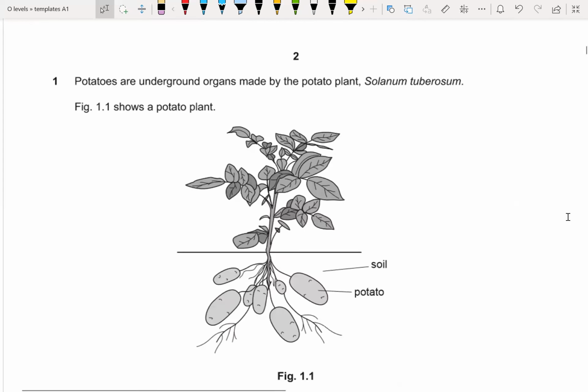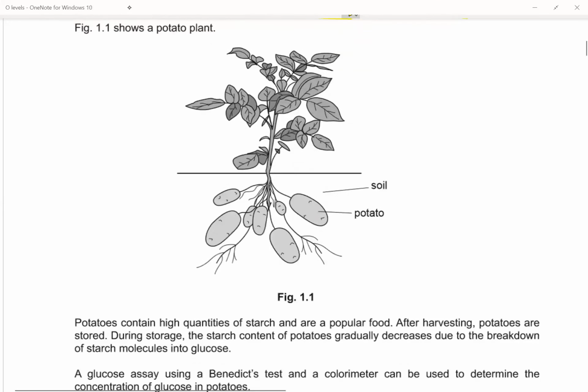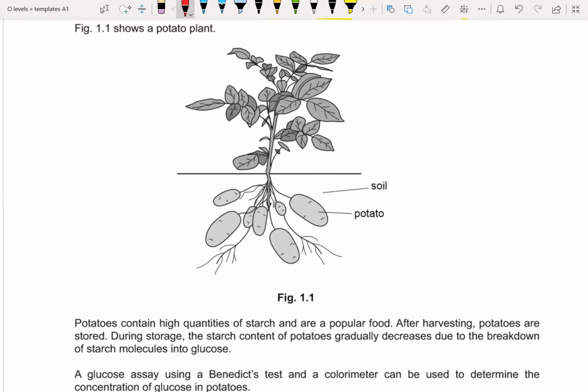All right, they are saying that potatoes are underground organs made by a potato plant, Solanum tuberosum, and this figure shows this plant. So we have a plant here, and this plant is producing underground stems, which are potatoes.